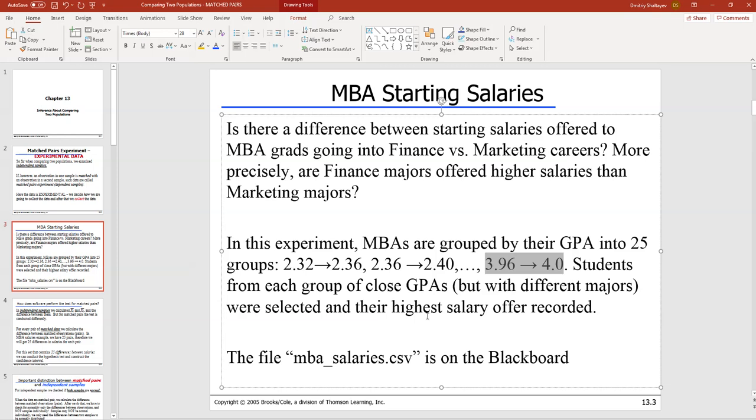If I have one observation in sample 1, there should be a matching observation in sample 2, and exactly one. So unlike the independent samples, now our sample sizes for sample 1 and sample 2 have to be exactly the same.